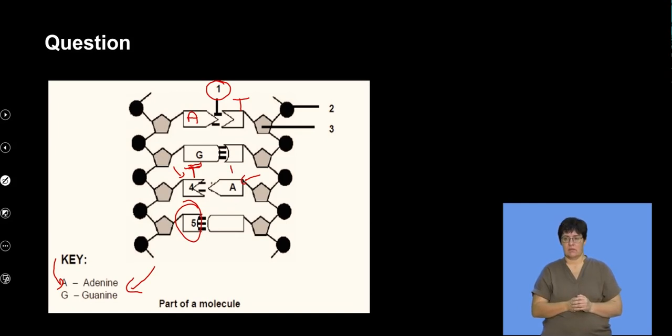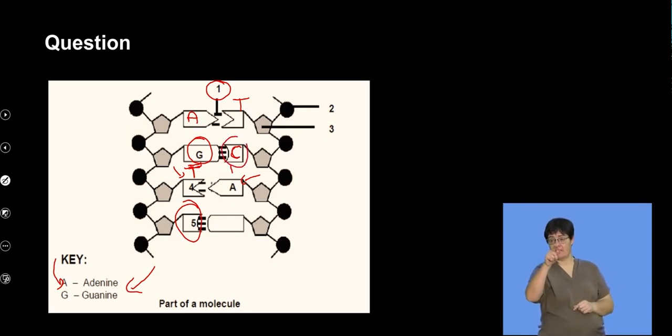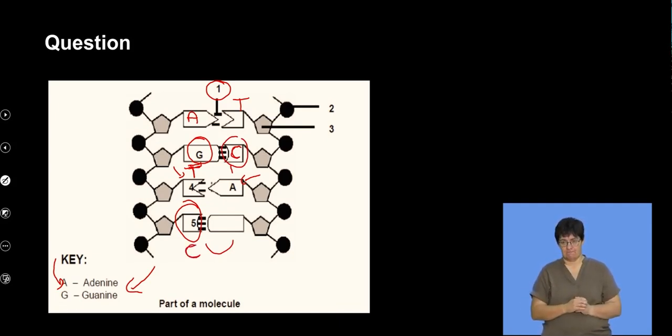We would know that if you've got guanine here, you've got to have cytosine complementary to it. And likewise, based on its shape and the similarity between this and number 5, I can infer that number 5 has to be a cytosine base.